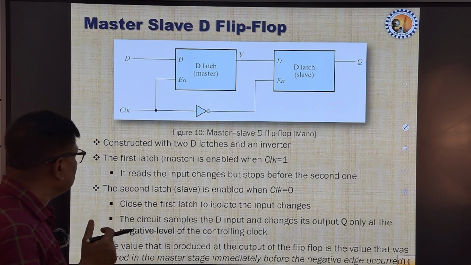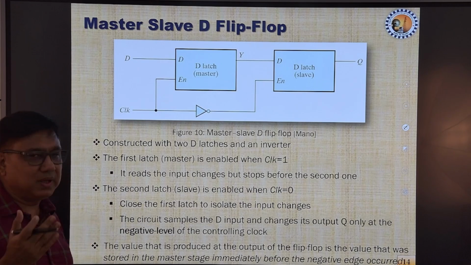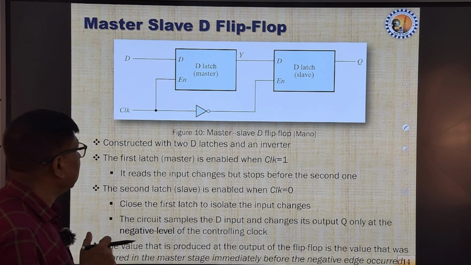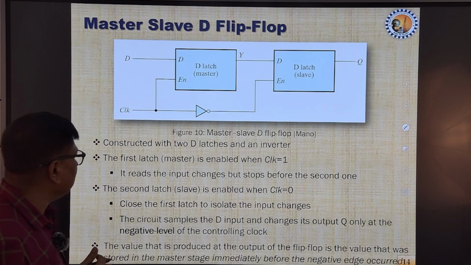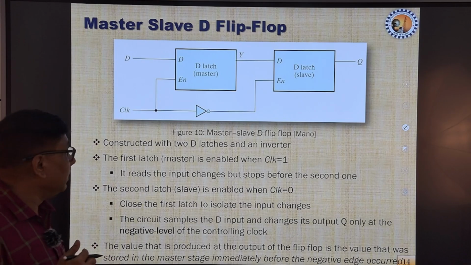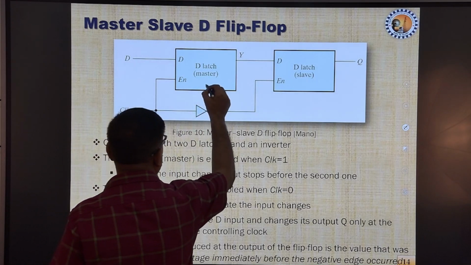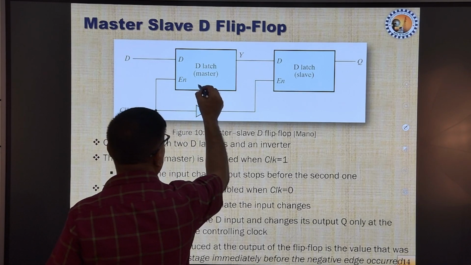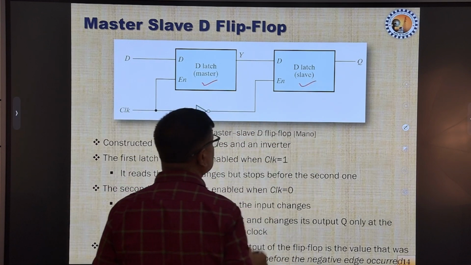For that the edge triggering concept has been developed, and apart from edge triggering there is another concept called master slave arrangement. This figure 10 depicts a master slave D flip flop. Here we can see that this is one latch, called the master, and this is another latch, called the slave.